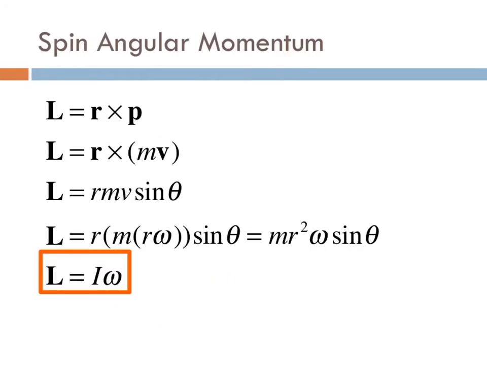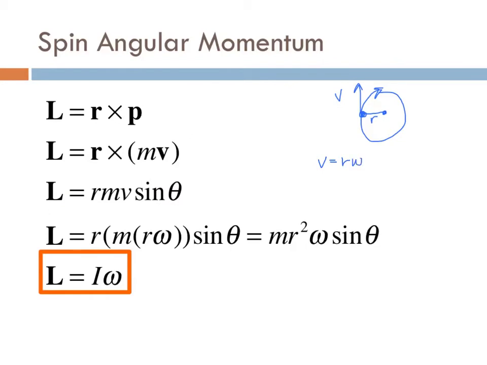Now, the situation you'll see a little bit more often is the spin angular momentum. If you look at an object moving in a circle with some velocity v, some distance r away from the center, then the velocity is equal to r omega.